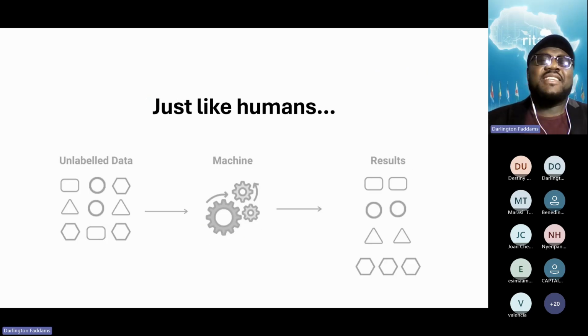Just like humans. Okay, so let's compare this to humans. I'm going to ask you a question. Listen to me carefully this time. Is it possible for you to learn something that you were not told, but through observation, you were able to know that this is this and this is that?